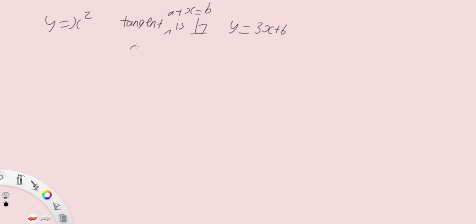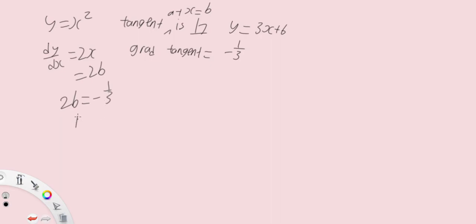From here, we know that the gradient of the tangent equals to -1/3, because gradient times this gradient here equals to -1, therefore the gradient of the tangent equals to -1/3. Again, the derivative equals to 2x. So we have at x equals to b, 2b. And because the gradient of the tangent at x equals to b is equal to the derivative at x equals to b, we then equate 2b equals to -1/3. b has the value of -1/6.